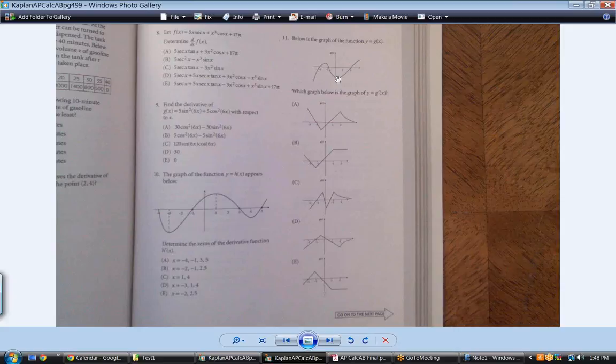Not 2, but a point something between 0 and 1, so about a half. B gets eliminated, there are no zeros between 0 and 1. C is a possibility. D is not. C is the answer.